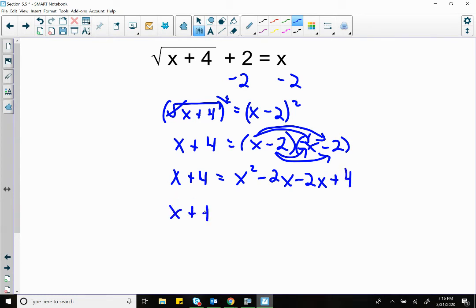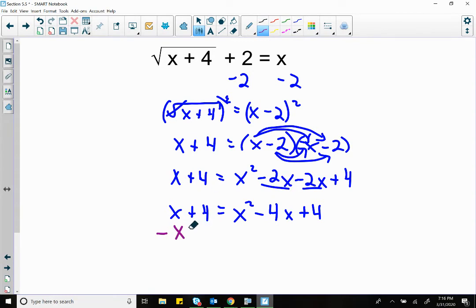Combining like terms on this side, the two middle pieces get together. So that gives us x squared minus 4x plus 4. So if you're thinking factoring on this one, you are absolutely correct. We need to set this part equal to 0. So let's move this x to the other side by subtracting x.